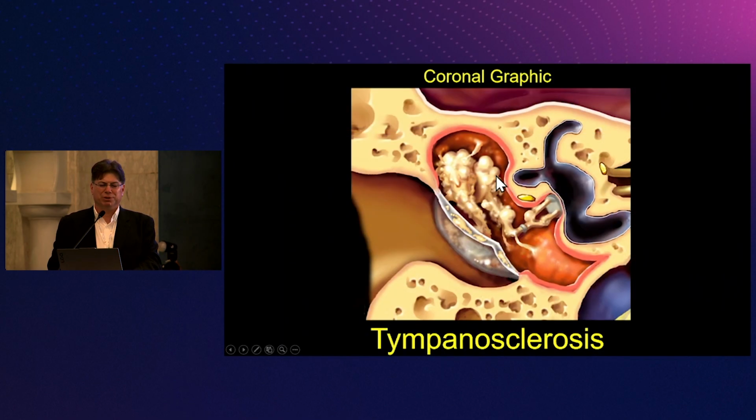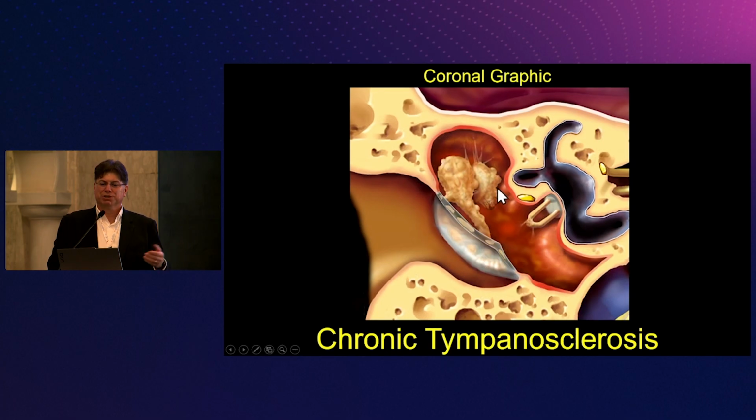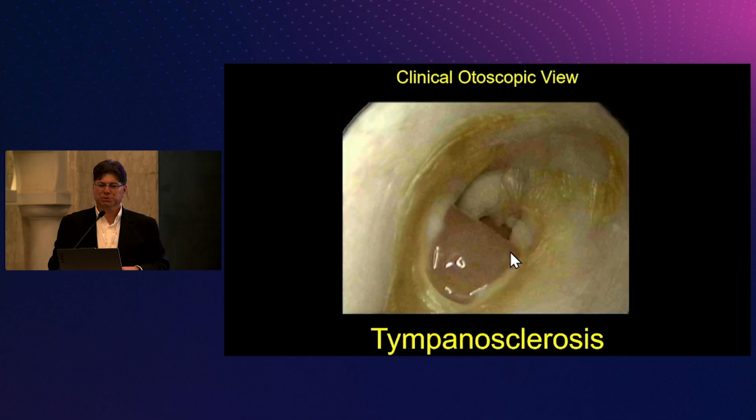It looks like we have a lot of extra bumps on the ossicles themselves, and we may have irritation of the inside lining with thickening and calcification of the TM itself. If that goes on for a long period of time, we may have ossicular destruction, so when we've destroyed the chain. So obviously that patient's going to have conductive hearing loss because we're not going to be transmitting the motion between the ossicles themselves.